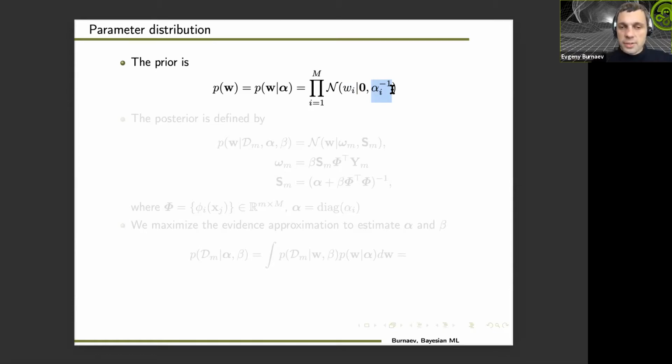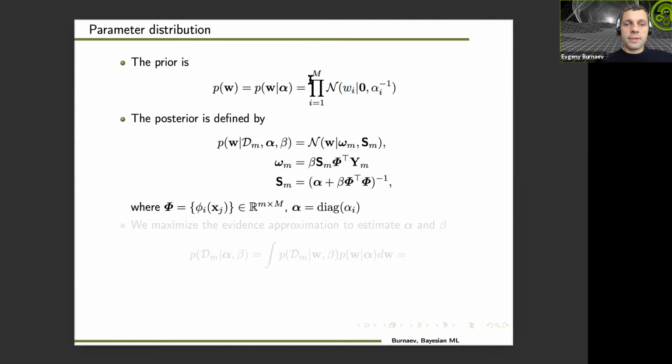And depending on this, we can make a decision whether the corresponding parameter W sub I contains some signal, or its non-zero value is only due to noise, and we should penalize this parameter and set it to 0. And if we set it to 0, then this is the same as if we specify the model.